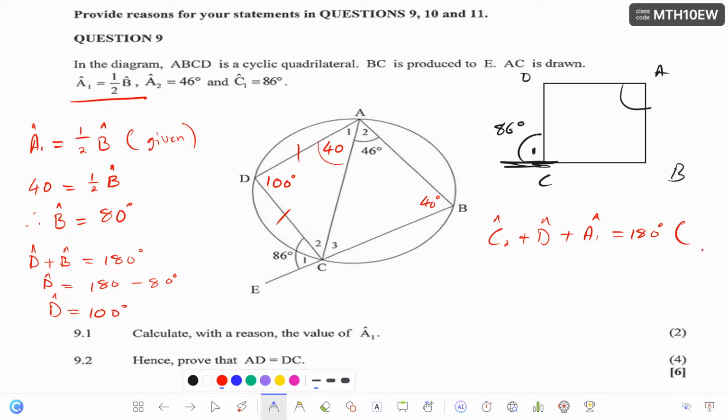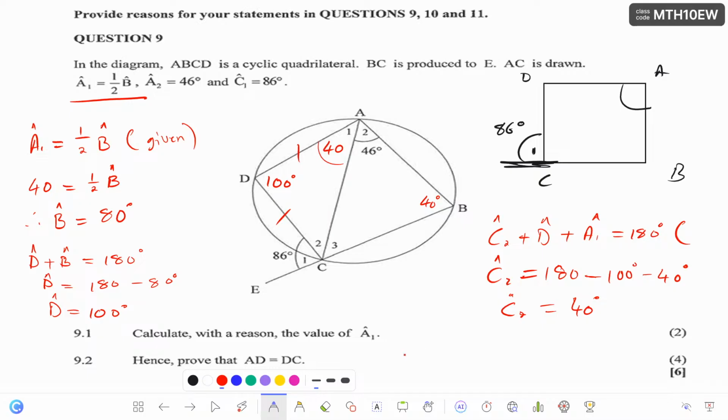Reason, sum of the angles in the triangle add up to 180 degrees. So C2 is equals to 180 degrees minus D, which is 100 degrees, minus A1, which is 40 degrees. So 180 minus 100 minus 40 is equals to 40 degrees.